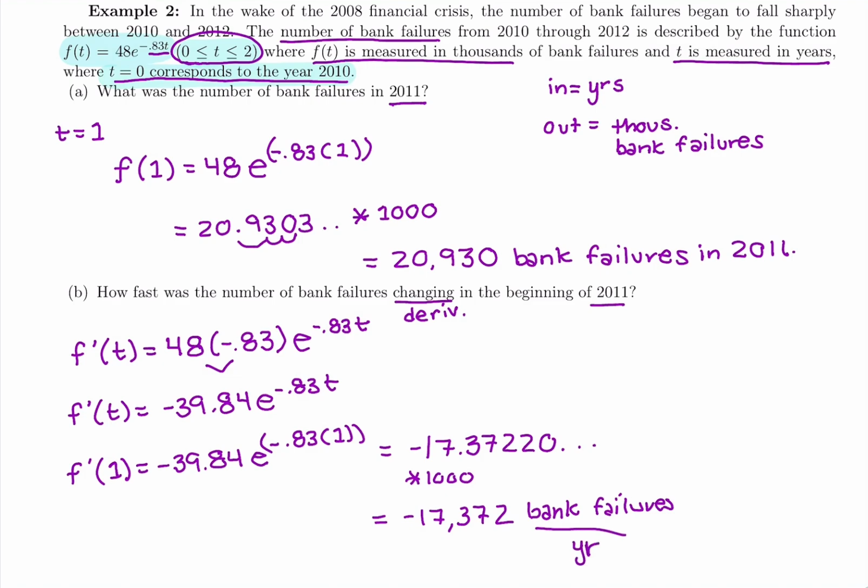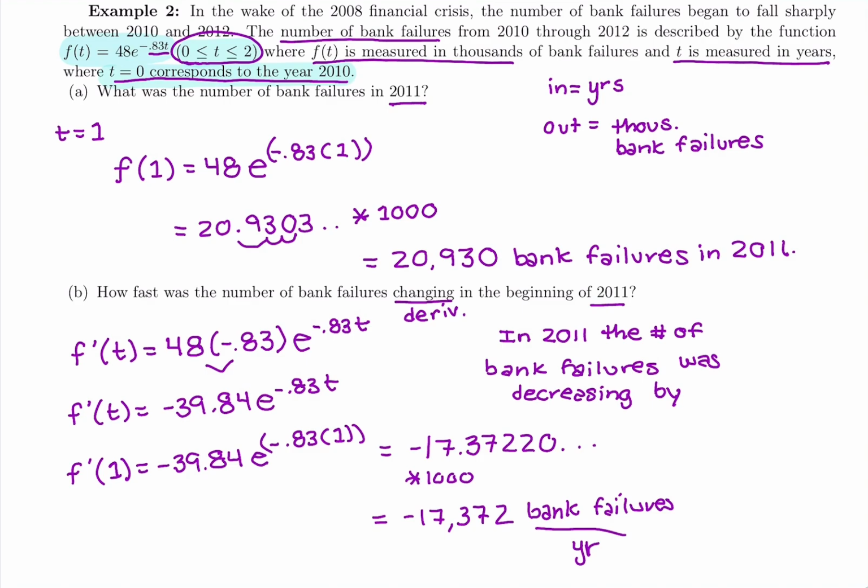So is it okay that we got a negative answer? If we think about this interpretation, our slope at that instant, or our instantaneous velocity or change, is negative, which indicates a decrease. This is a good thing. We would say in 2011, the number of bank failures was decreasing, because we got a negative answer, decreasing by, and we wouldn't say negative 17,000.